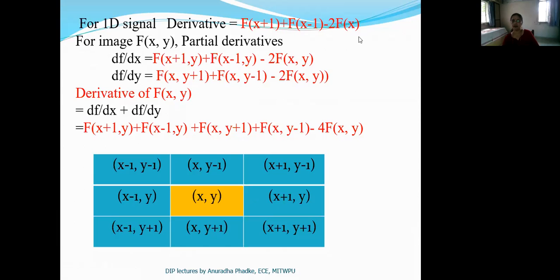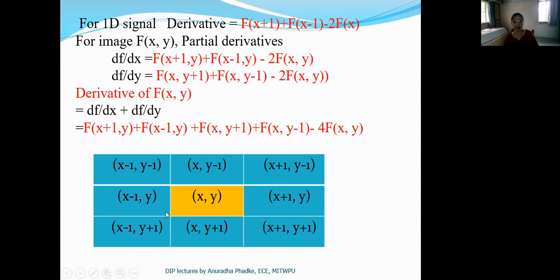Now instead of a one dimensional signal, when we consider an image, it has two independent variables, that is x and y. So we can have variation with respect to x as well as variation with respect to y, because for pixels we have two coordinate values, x coordinate and y coordinate. So for images, instead of derivatives, we have to talk in terms of partial derivatives.